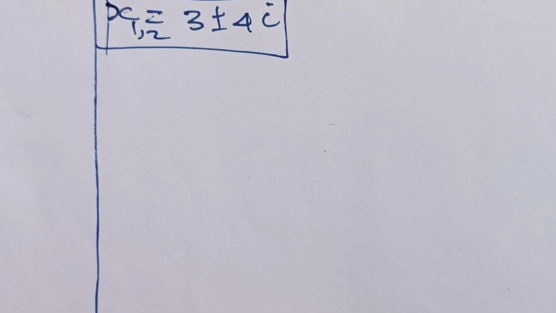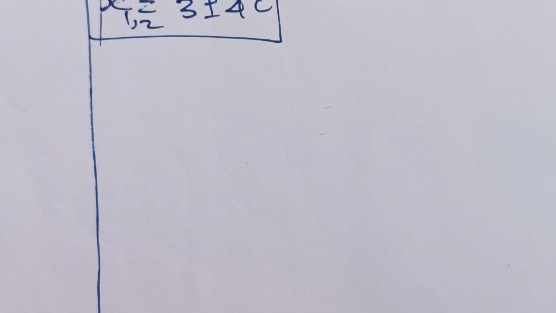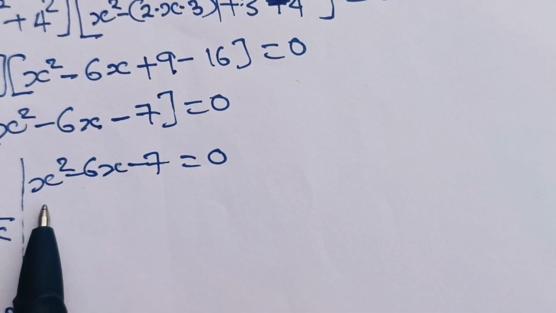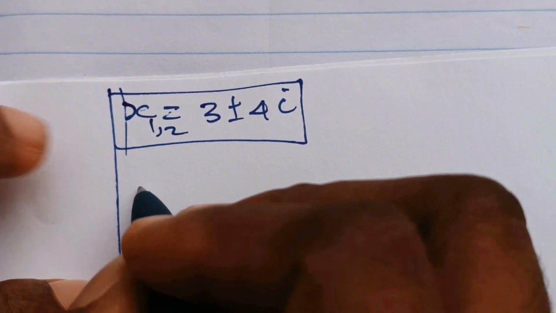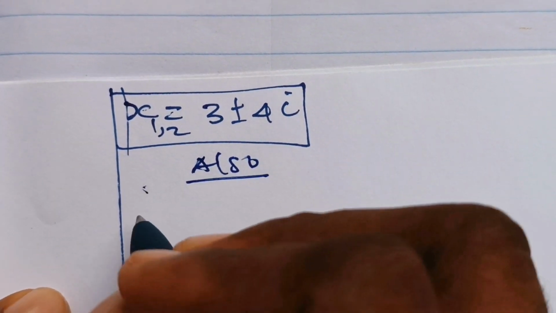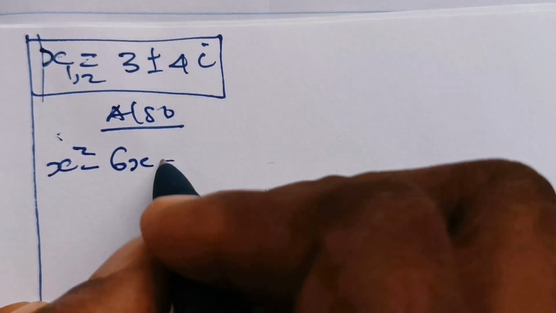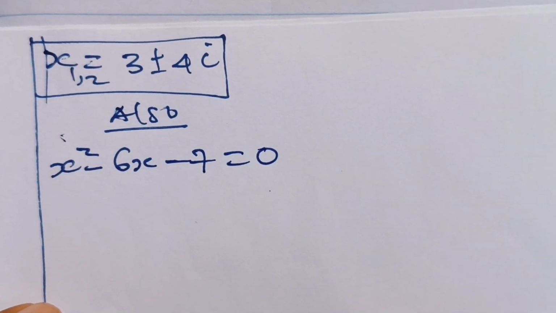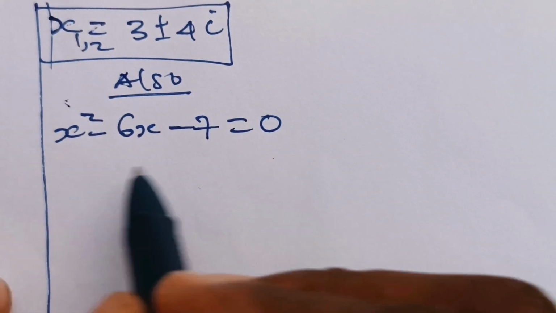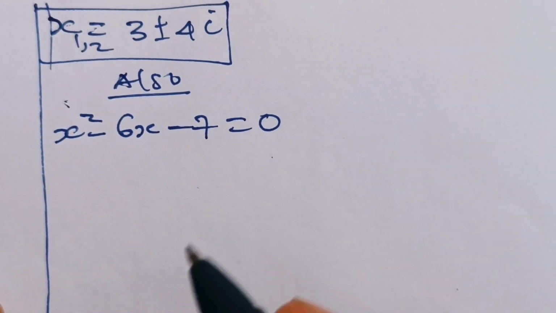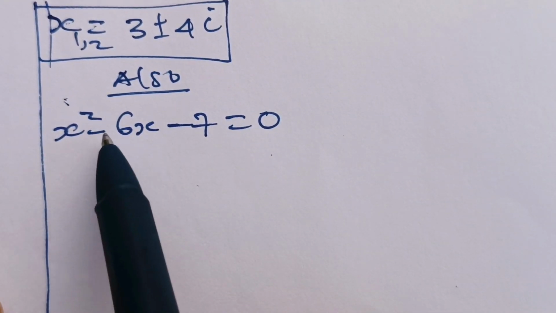Now, let us solve for the remaining one. Recall that we have x squared minus 6x minus 7 is equal to 0, right? So looking at this, you can solve this using factorization. We need two factors of minus 7 that when we add, we get minus 6.